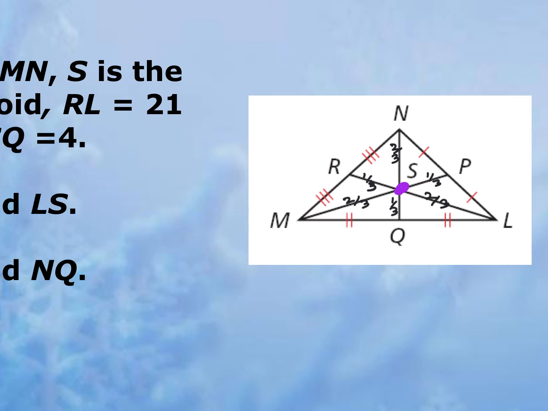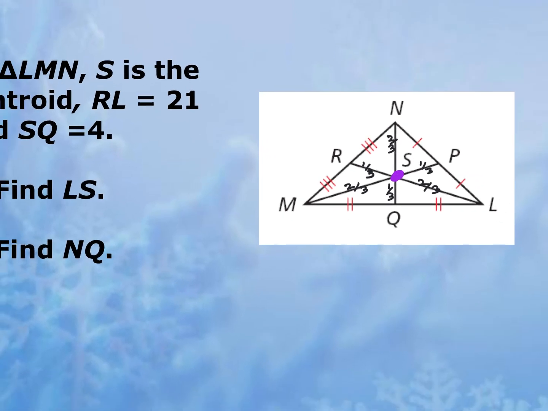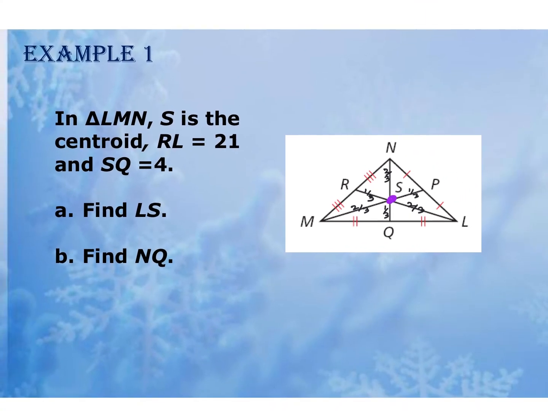So now let's go ahead and see if we can answer the two questions. Here it says that the length of RL is going to be 21. So the length of this whole median, RL, is 21. It wants me to find the length of LS.